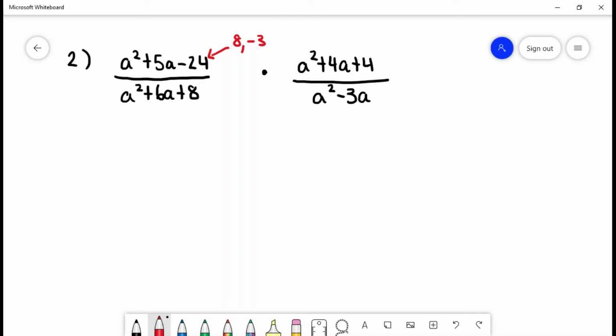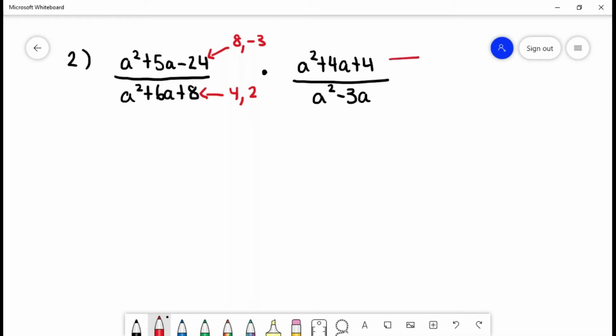And same thing over here. We're going to carry out our exact same process. So in the denominator, we have to get two numbers that when multiplied give you positive 8, but when added give you 6. So those two numbers would be 4 and 2, as when you multiply those, that would give you 8, but if you add those, it would give you 6.